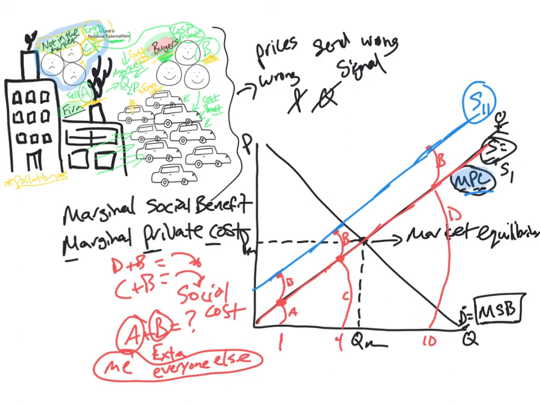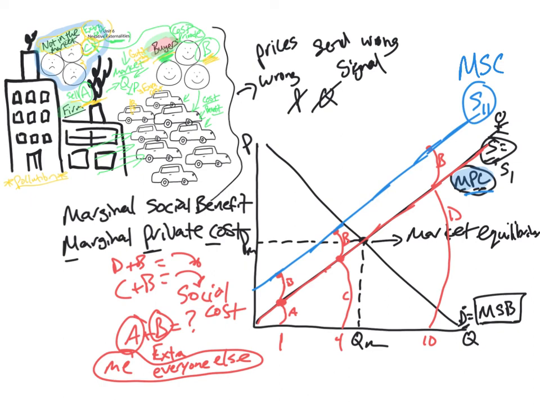This second supply curve is showing something different. We haven't shifted the curve yet. It's a second one. Remember, there are 3 players in this market: there's me, there's the firm, and then there's everybody else. So this supply 2 represents the marginal social cost. It's the cost imposed upon everybody, me plus everybody else.